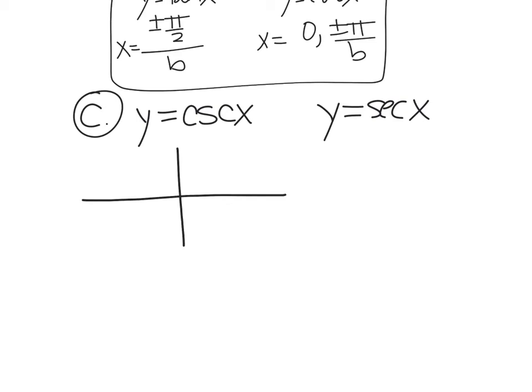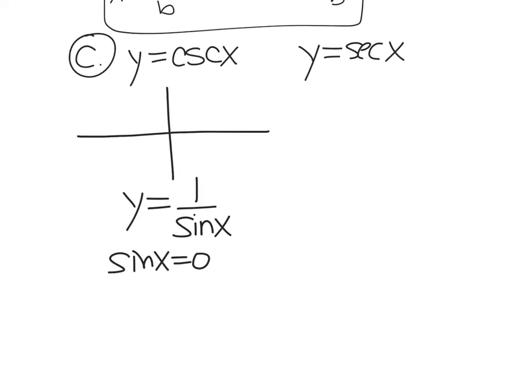Cosecant is the reciprocal of sine. You know that, right? We talked about that already when we did our triangles. So cosecant is 1 over sine x. Cosecant is also going to be undefined when sine of x equals 0.